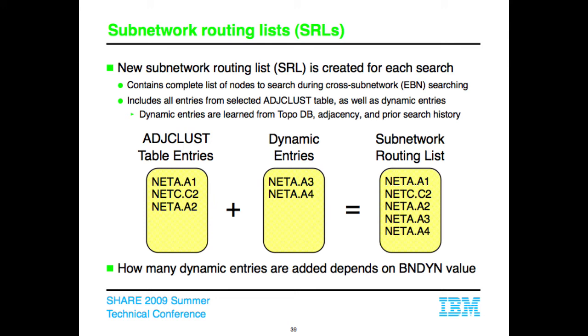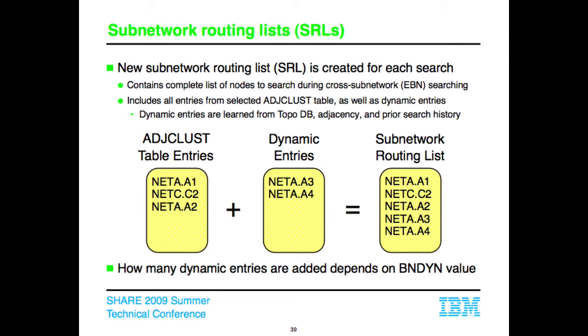If there are 5 searches going on, each one of them grabs the appropriate cluster table, figures out what dynamic entries are allowed, and comes up with a subnetwork routing list. So basically it's the cluster table augmented by dynamics and priority routing that we actually use for the search request. It's always composed of the cluster table entries plus any dynamic entries that might be allowed.